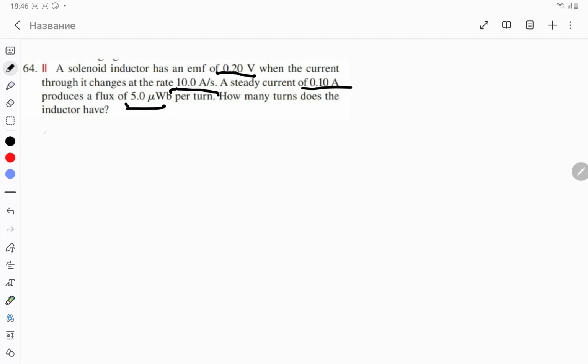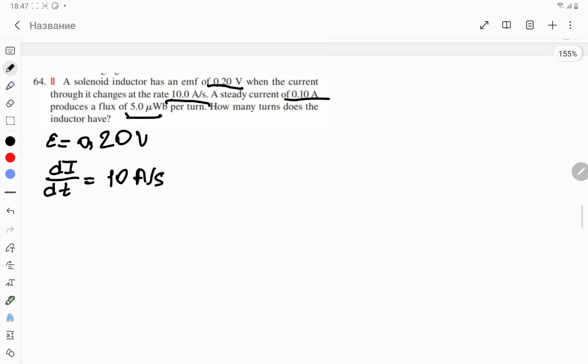So we know the EMF is equal to 0.20 volt, and the rate of change of the current, delta I over delta T, is equal to 10 amperes per second.